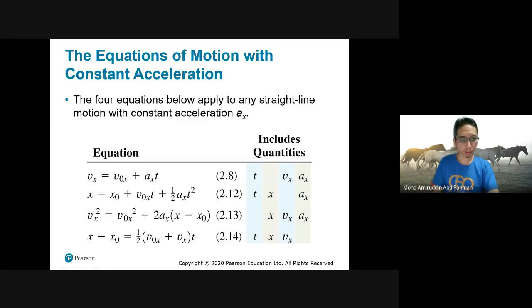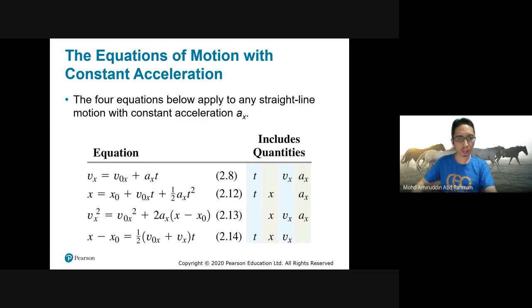From there we can also know what our v squared x is. Basically we are expanding from equation 2.8. So we have V naught x squared plus 2ax, and then the difference between x minus x naught.